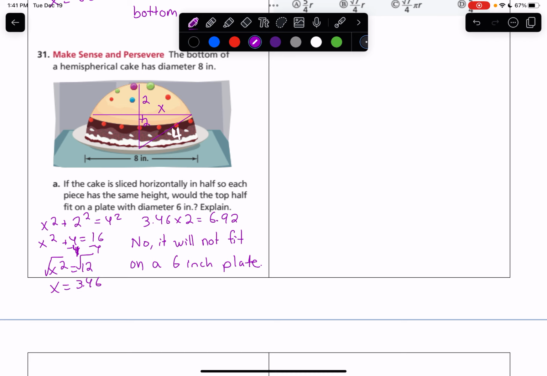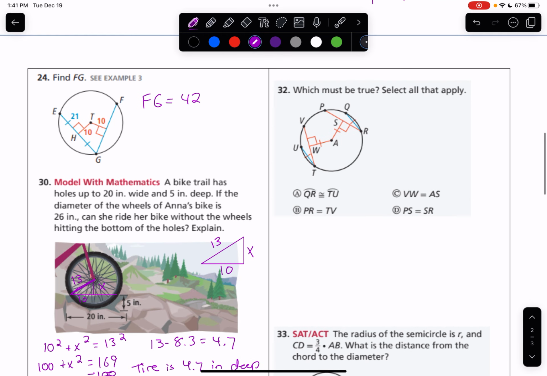There we go. Couple more here. We've got 32. So 32 says which must be true. Select all that apply. So it looks like QR, arc QR here, and TU, those happen to have congruency marks on them. So we know they're congruent.